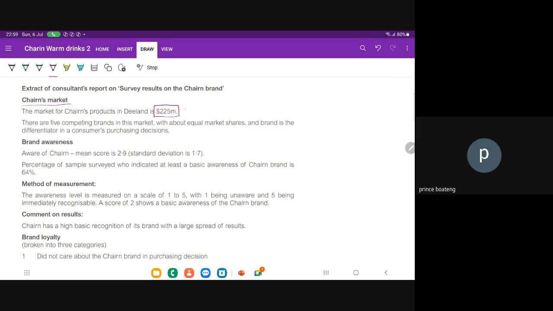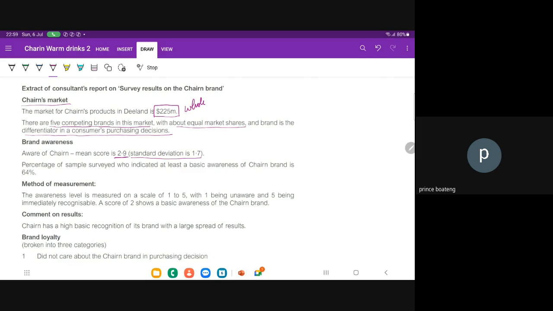Yes. There are 5 competing brands in this market with about equal market shares, and brand is differentiated in consumer purchasing decision. So brand is the only thing which may create a difference. Brand awareness, aware of Sharon product, mean score is 2.9 with a standard deviation of 1.7.